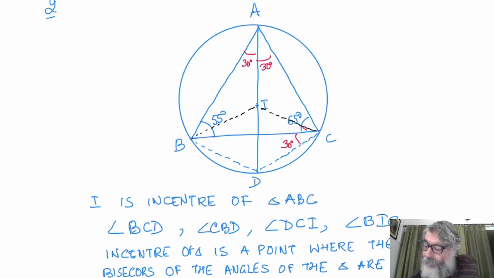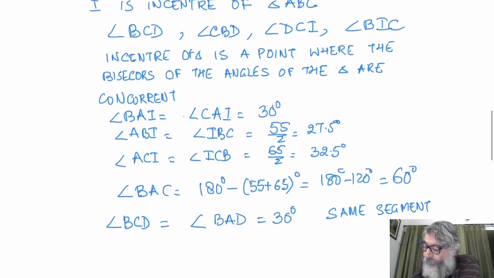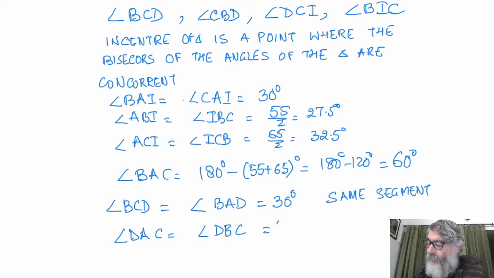If this is 30, this will also be 30 degrees. The reason is the angles in the same segment.